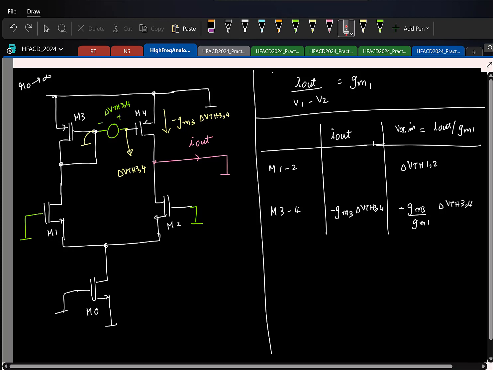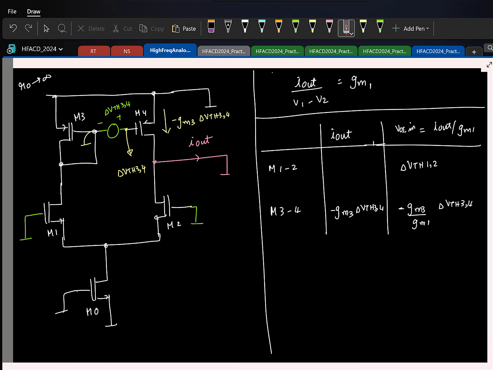No, but the thing is, these two need not be matched in the first place. Mismatch is what we are talking about between two supposedly identical devices. In all your calculations, we assume GM1 is GM2 and GM3 is GM4. So we are looking into what will happen if that assumption is not valid.